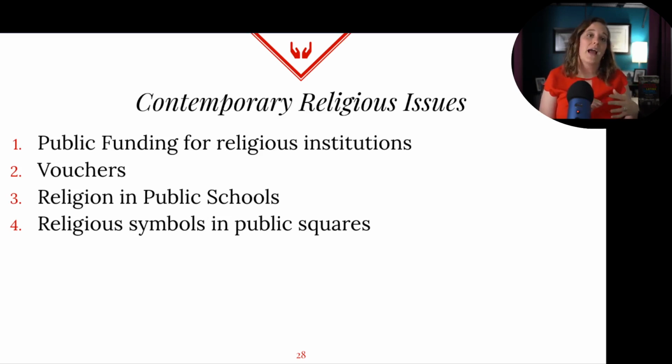A case in Cleveland was upheld because it did not distinguish between private religious and non-religious schools. The court said that yes, as long as the law gives the money directly to the parents, they can do whatever they want with that voucher money. But if the law said to give the money to the school, then that would be public funding for religious institutions, and that is against precedent for the Supreme Court.